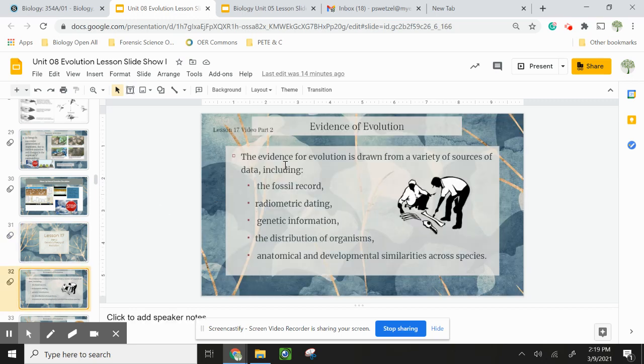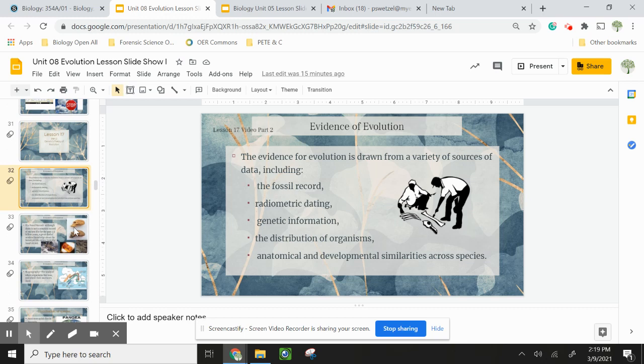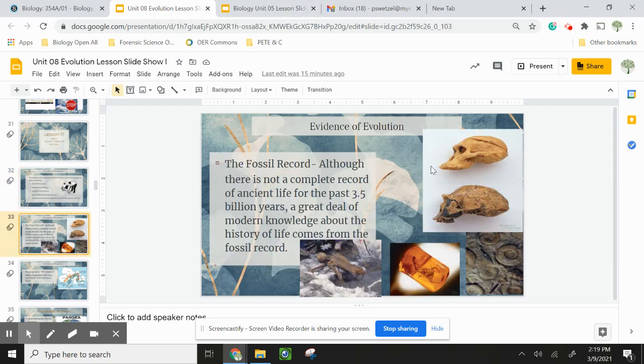Evidence for evolution comes from a lot of different places. It comes from the fossil record, radiometric dating, genetic information, the distribution of organisms, and anatomical and developmental similarities across species. We know that the fossil record is not a complete record of ancient life, but the fossils that have been discovered do give some really great information about how organisms lived a really long time ago.